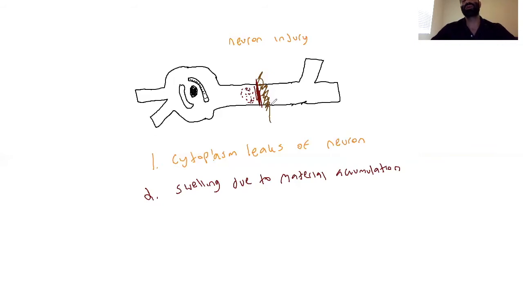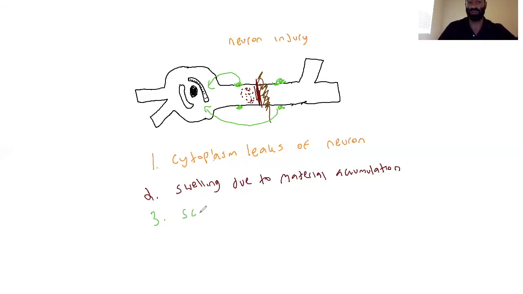Think of an axon as a bridge. If just one part of the bridge is damaged, all the traffic is going to be backed up. It's not going to be able to pass the bridge for obvious reasons. Now, recall that cells are constantly communicating with each other. What's going to happen here is the Schwann cells are going to send signals to the cell body stating that damage has occurred.